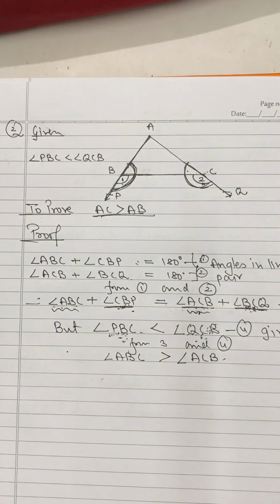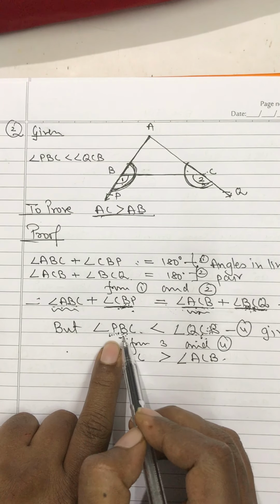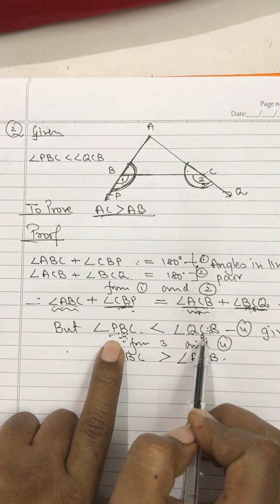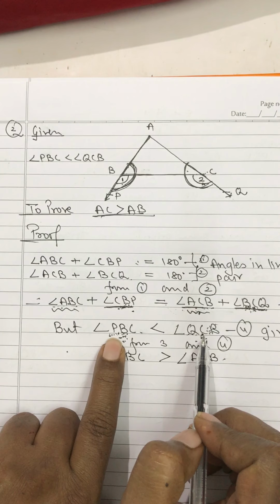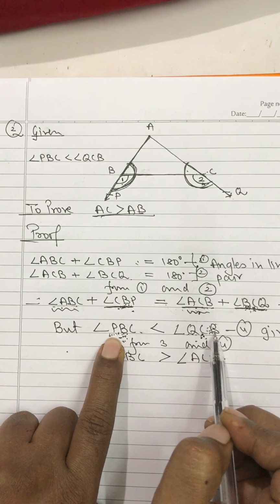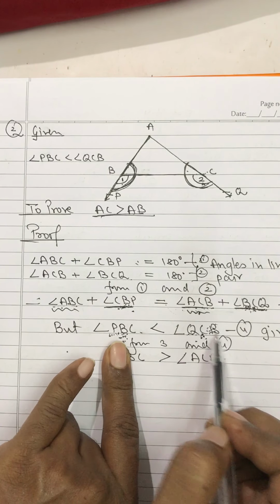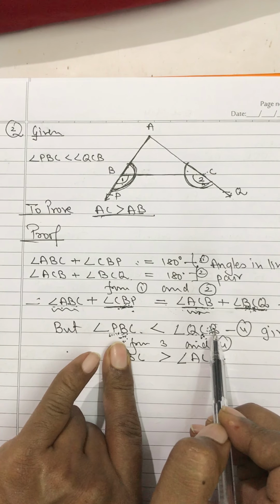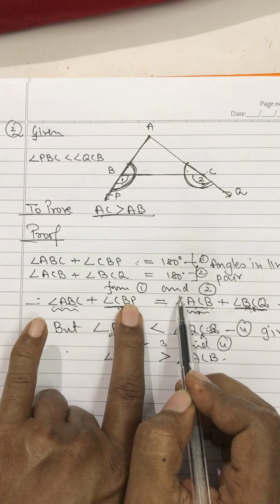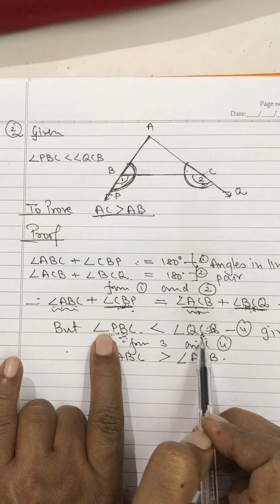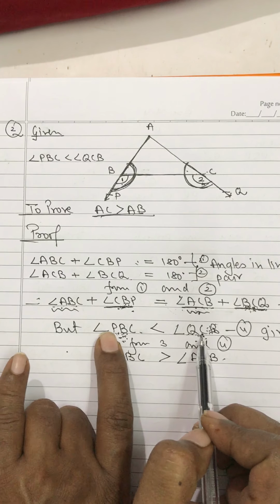This is common sense that you have to understand. Not a very common sense. This is simple but it really requires a very nice thought. That's why I told you it is a slight naughtiness. Why is it naughty? Because see, actually QCB is greater than PBC. But after adding an angle over here and after adding an angle over here, they have become equal. Why did this greater angle become equal?